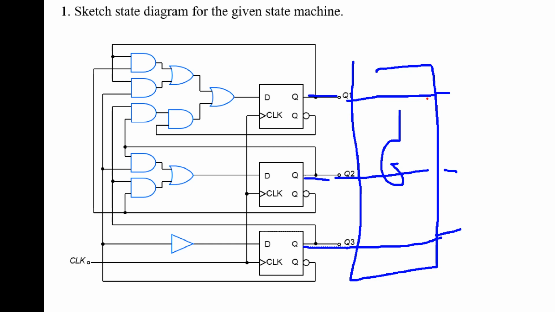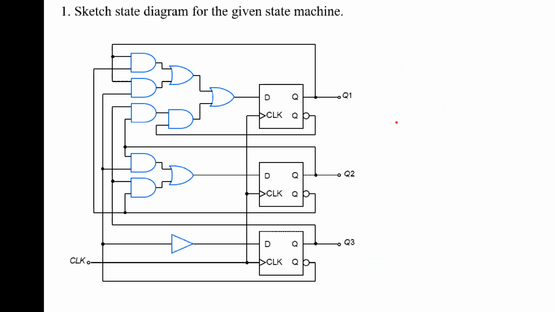You can imagine that circuit G, or the output logic, is just a wire that connects directly between the state variables and the output variables. So in this case, I use the same names Q1, Q2, and Q3.